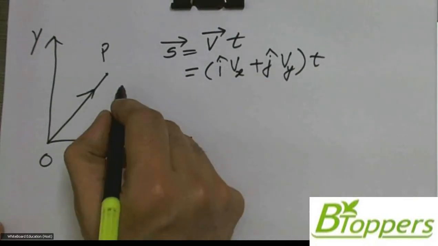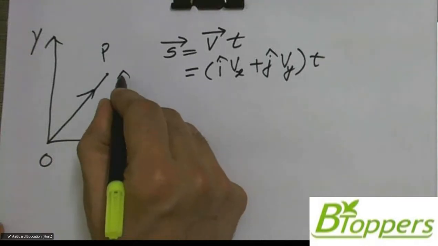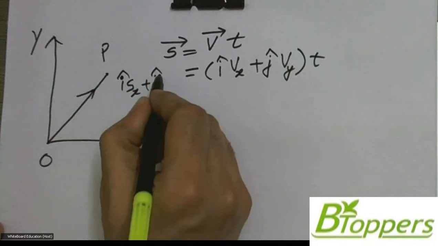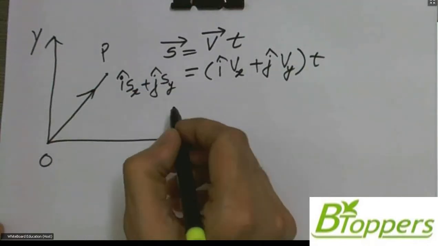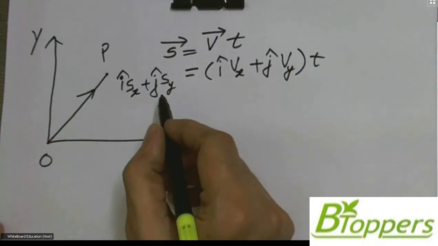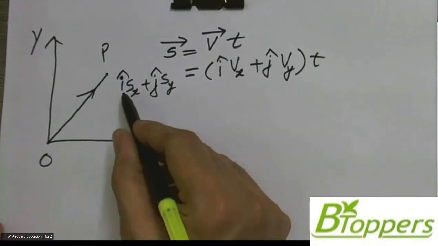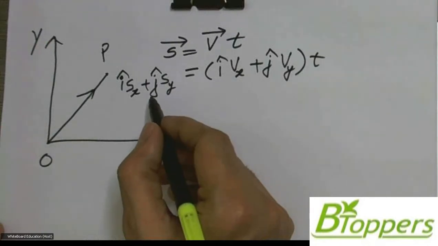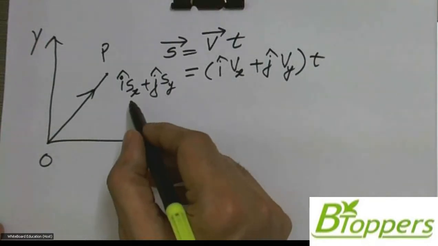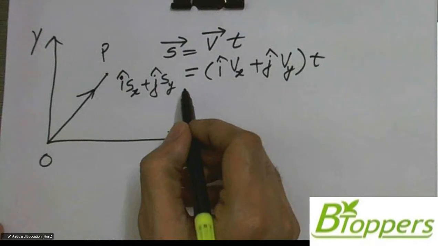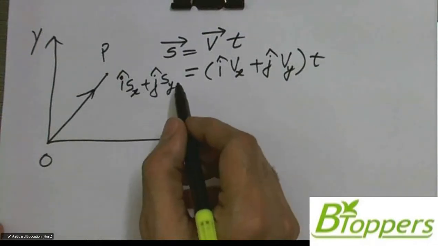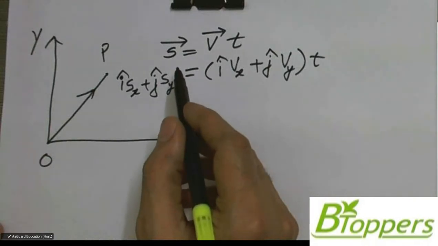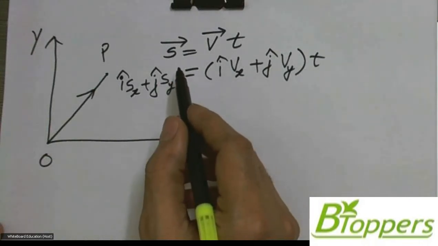And the displacement vector can be written as i cap Sx plus j cap Sy. Of course, here i cap is the unit vector along the positive x-axis and j cap is the unit vector along the positive y-axis. Sx and Sy denote the two rectangular components of the displacement vector parallel to the x and y axes.